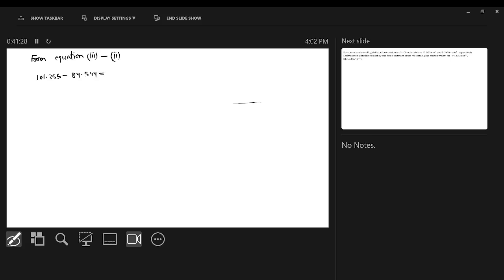On the right hand side, I will keep B terms together, take 2B common and write (J plus 2) minus (J plus 1). The second term, I will take 4D common and write (J plus 2) cube minus (J plus 1) cube.